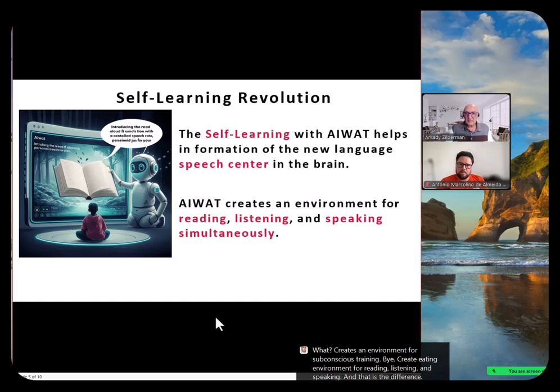Our brain has 2 systems. More exactly, our mind has 2 systems, conscious and subconscious.